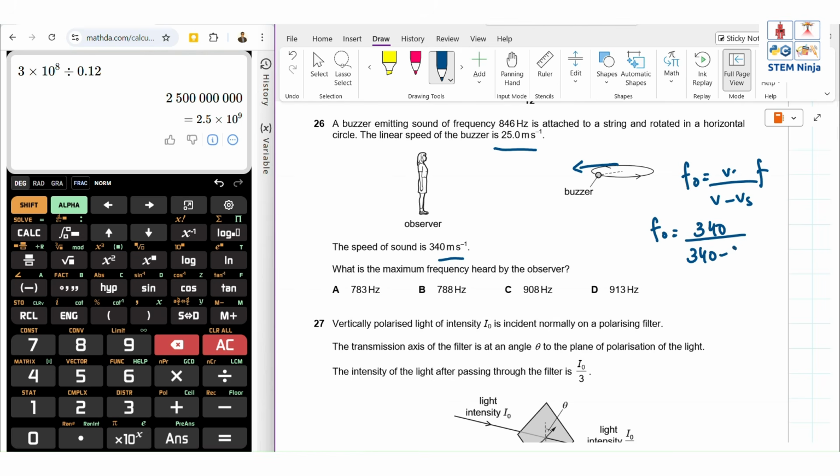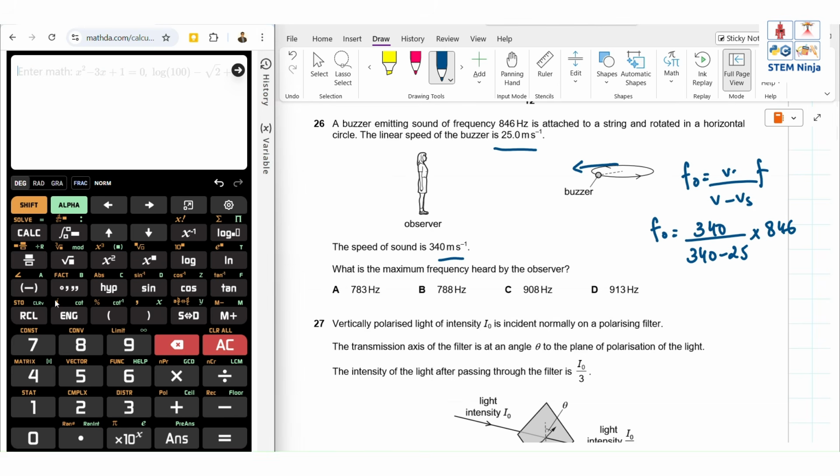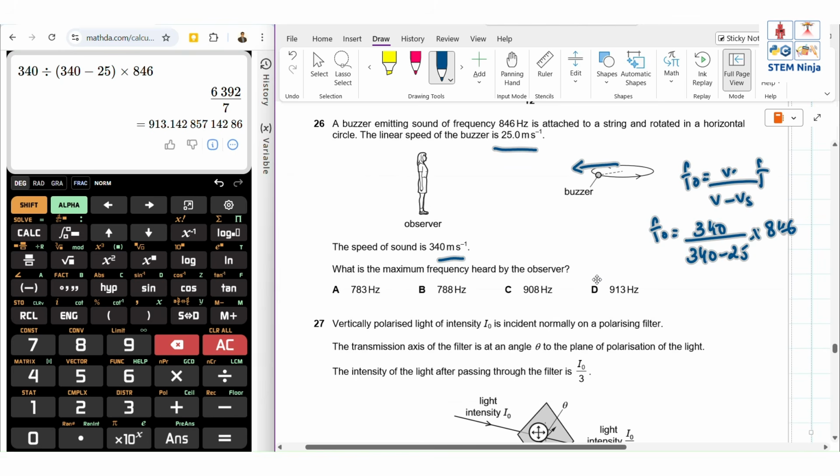So we have 340 divided by 340 minus 25, times 846, which is 913. So 26 is D.